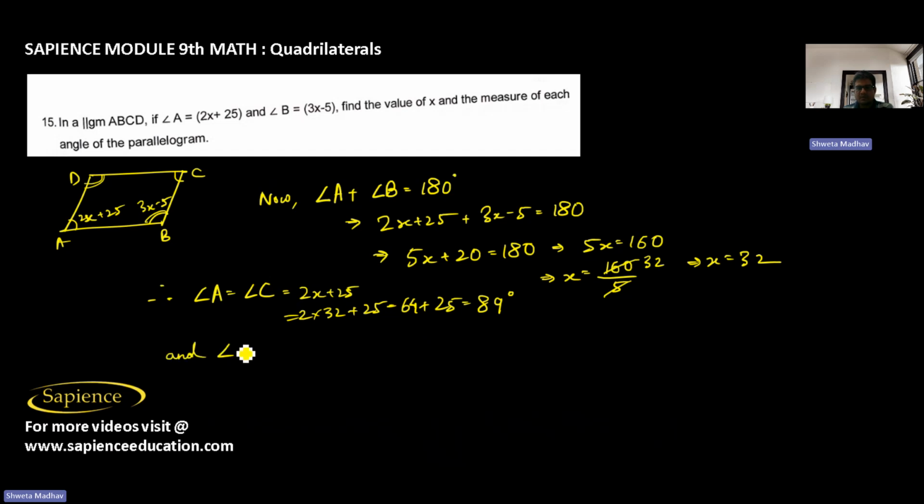Similarly, angle B equals angle D, which is 3x minus 5, that is 3 into 32 minus 5, which is 96 minus 5, equal to 91 degrees. And the value of x is 32. So these are the answers.